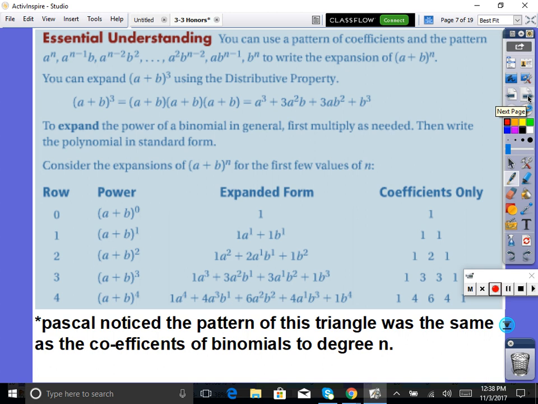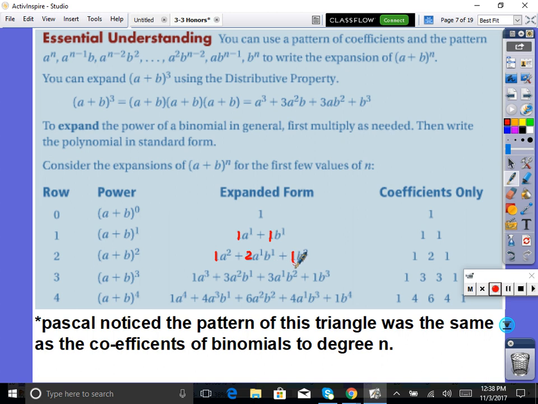Now what's interesting here, now that you know how to do it that way, is that a mathematician named Pascal was sitting down and he started multiplying out different binomials to power 0. And he noticed that it always simplified to be 1. And then he started multiplying out different binomials to the first power, and he noticed that the coefficients always have a 1. And then he started multiplying out a bunch of different binomials to the second power, and he noticed the coefficients come out to be 1, 2, 1.